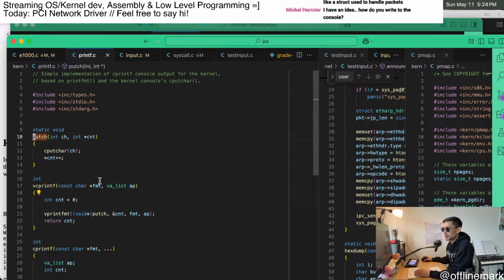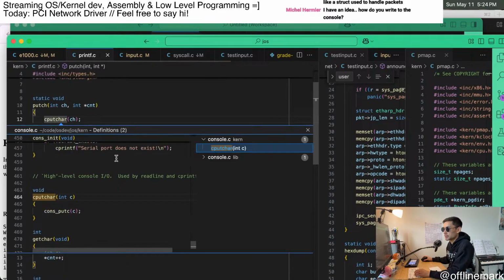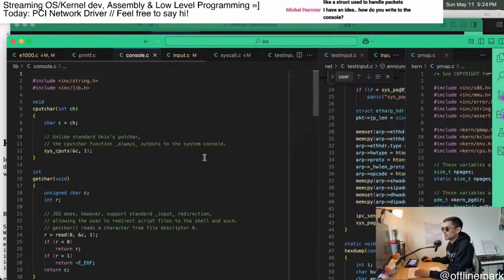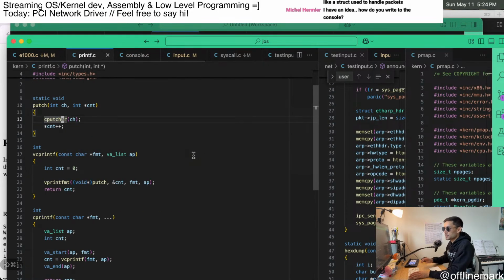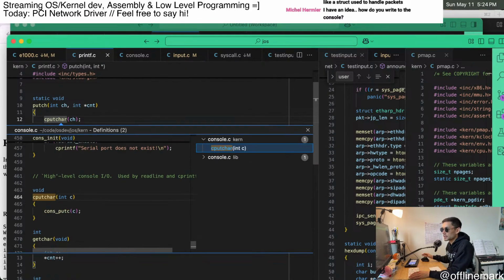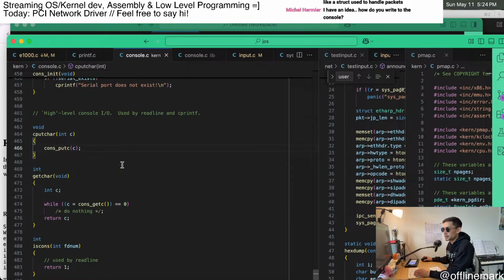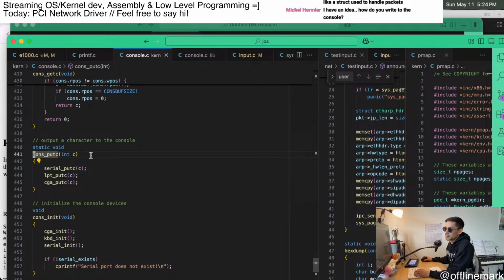Put char, C put char. How does that work? So C put char is right here. So cons put char. It funnels down all the way into here, where it actually calls a couple of different things.